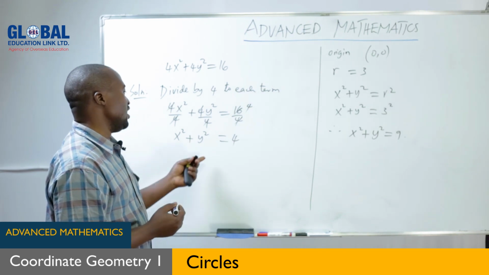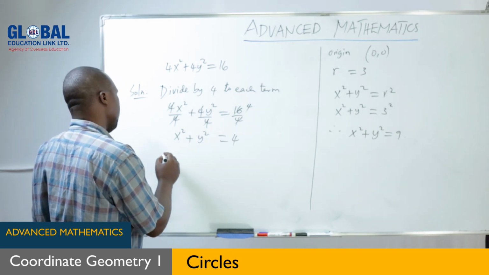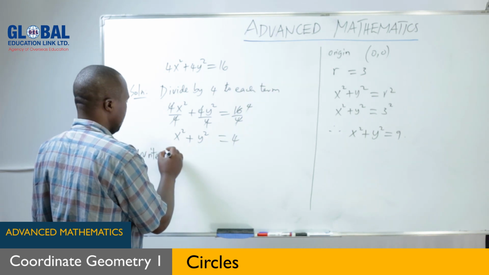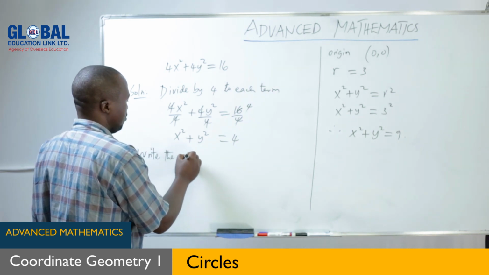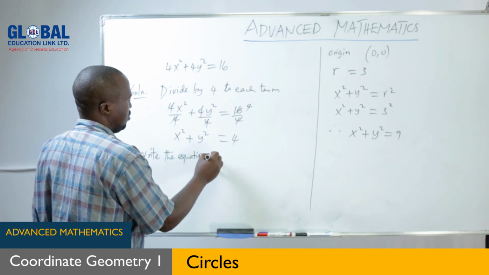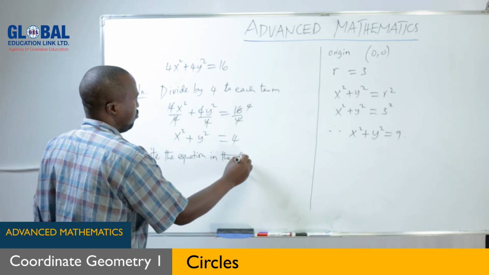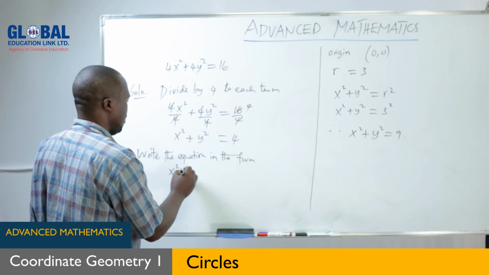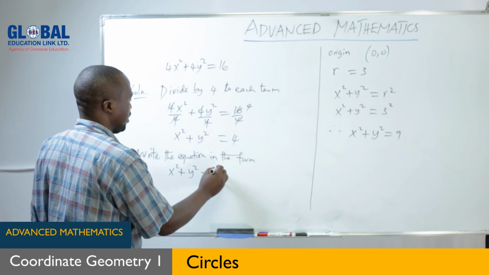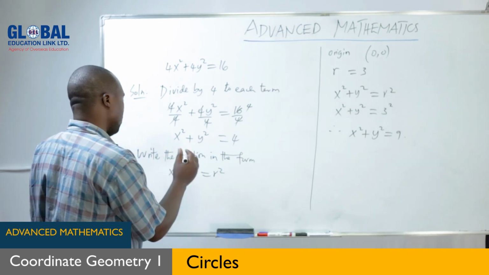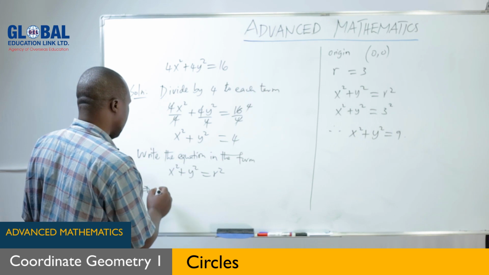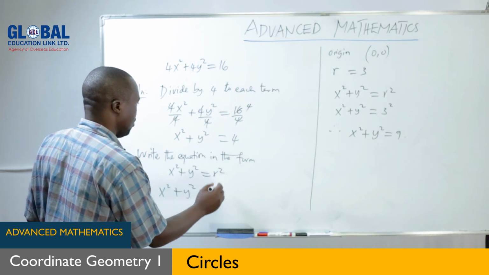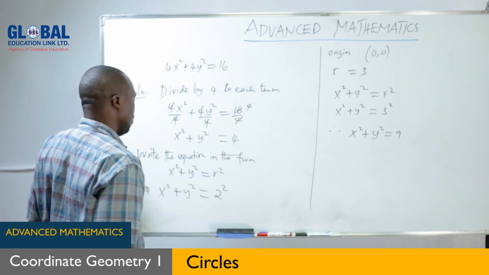So again, let us write the equation in the form x squared plus y squared is equal to r squared. So in this case, we are going to have x squared plus y squared is equal to 2 squared.